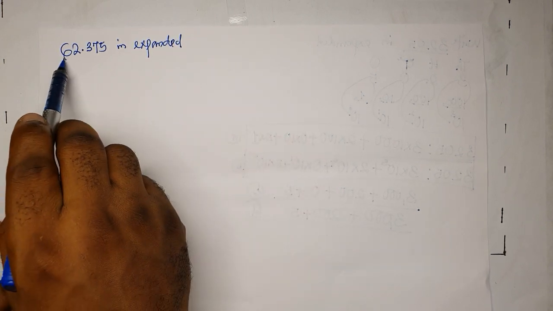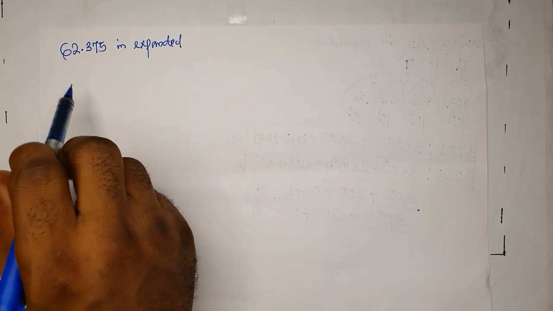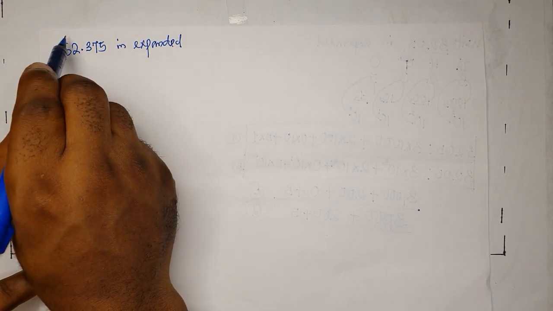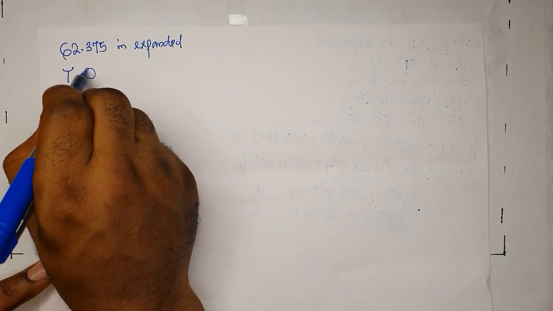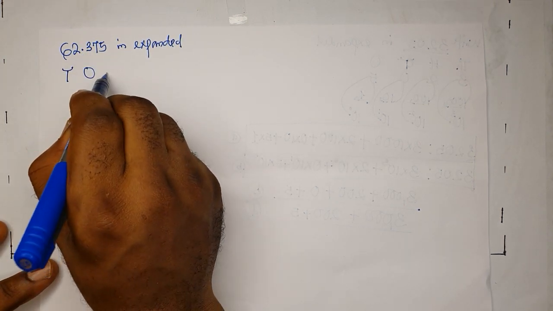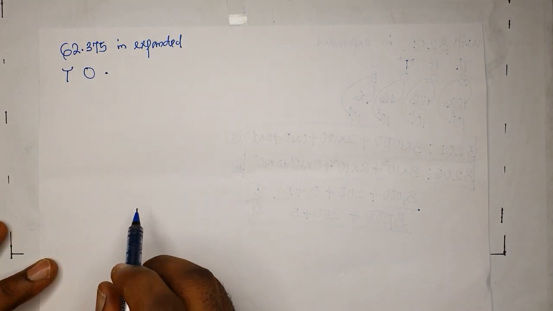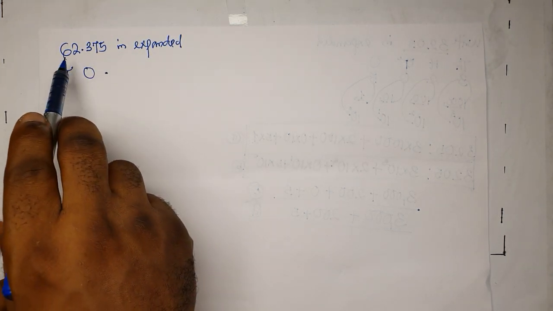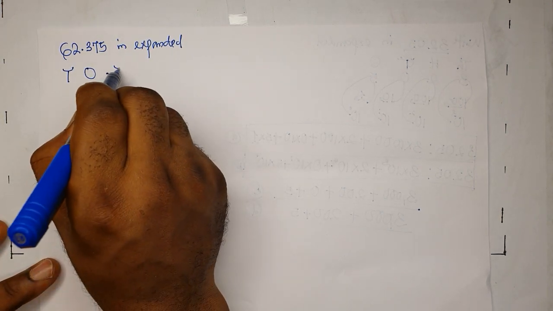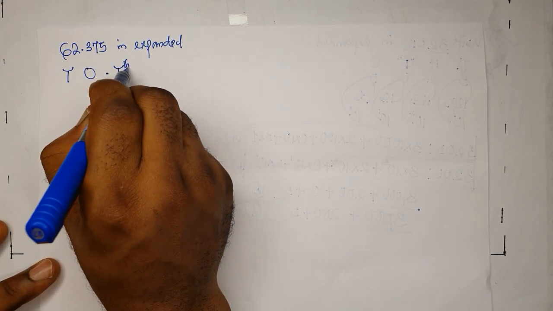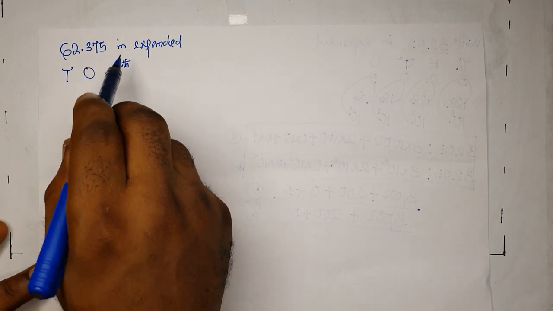Now, looking at this, 62 tells us that we're dealing with a number in the tens place and another number in the ones place. I'm just going to represent it here: tens place, ones place. But there's a decimal point which I can comfortably fill in here. Remember, in your place value chart, after the decimal point, the next thing that comes becomes your tenth. I can write it as T and TH.